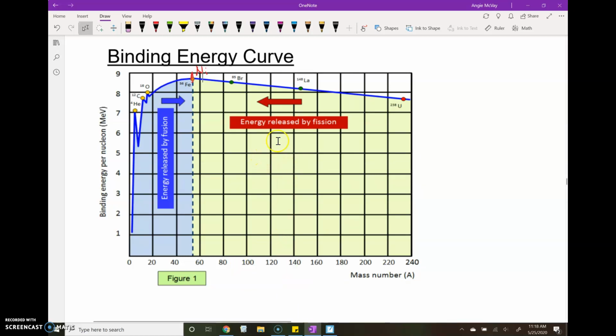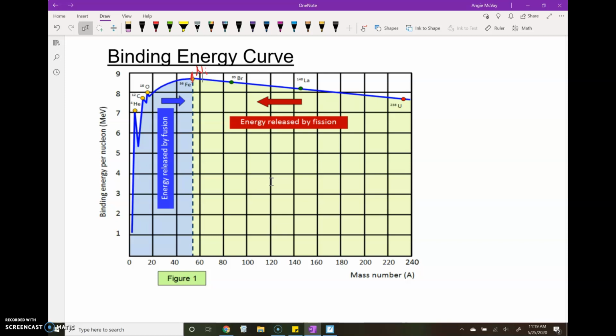So sometimes you can see an atom not just undergo beta, alpha, or gamma decay, but you can rip a nucleus apart or take two and put them together. Fission is taking a nucleus apart and in the process releasing energy.